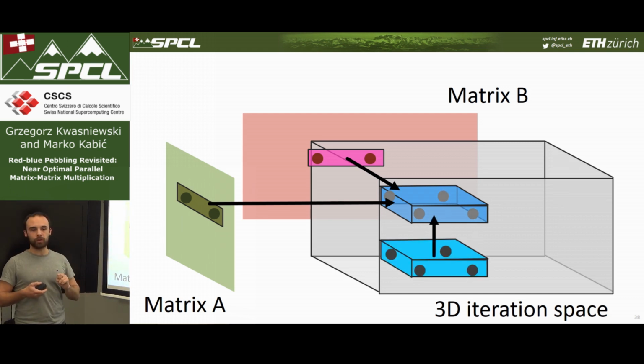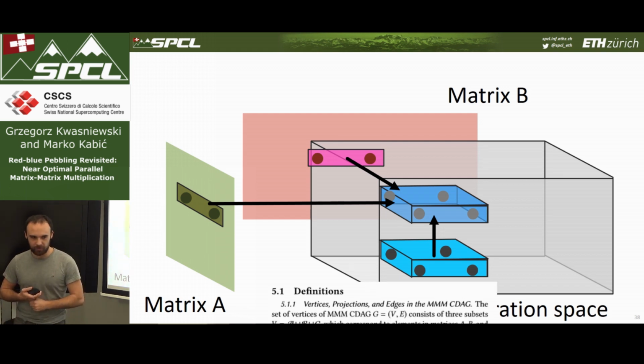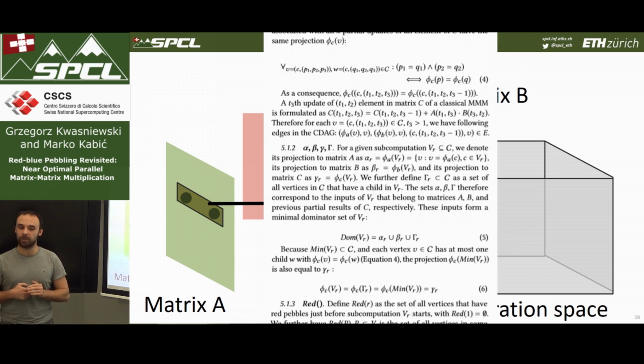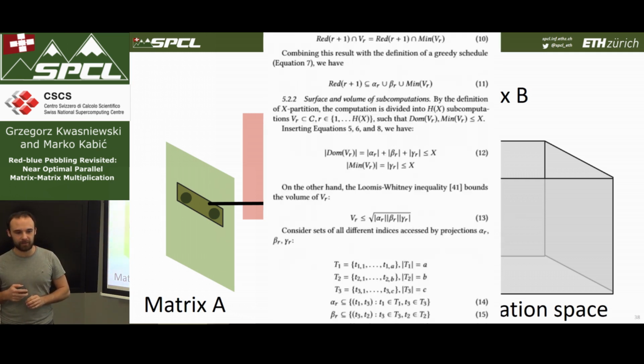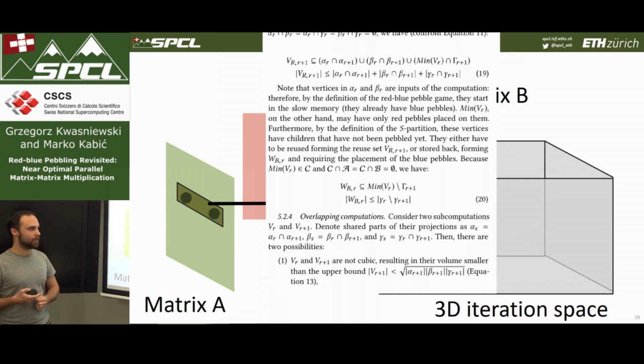Now remember that we need to find the optimal value of X, and where exactly all the red pebbles are, and which vertices have blue pebbles. To do so actually required quite a lot of steps, and unfortunately we don't have time to go through all the details, but if you're interested you can find them in the paper.